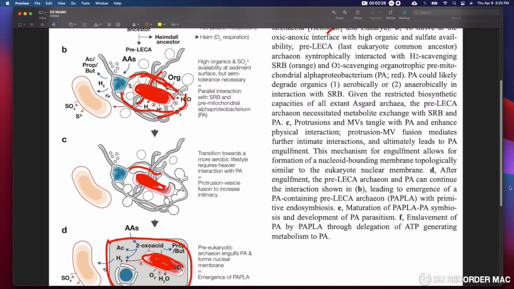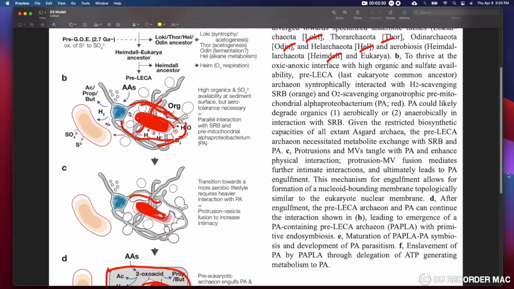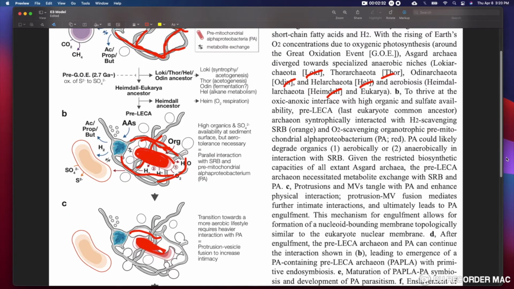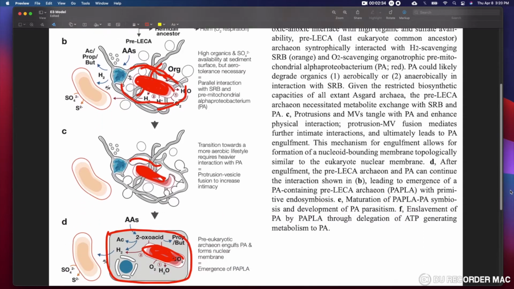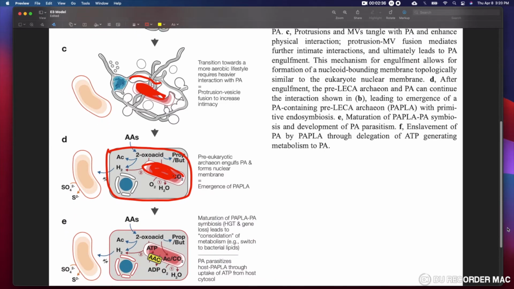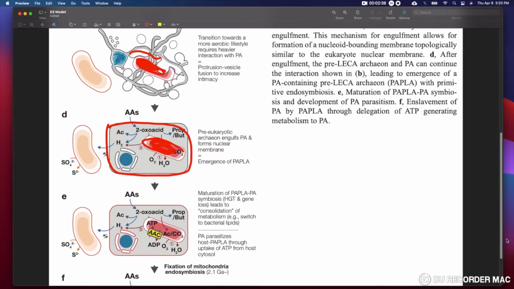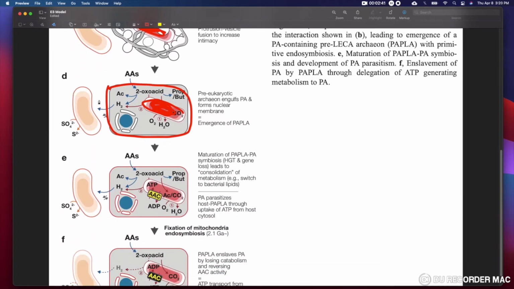So it will be entangled by the net protrusion of that Asgardian archaea. And then eventually, the protrusions may have fused inadvertently and will surround the partner altogether.